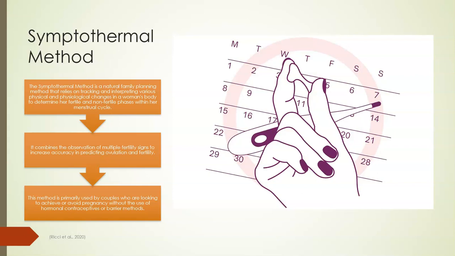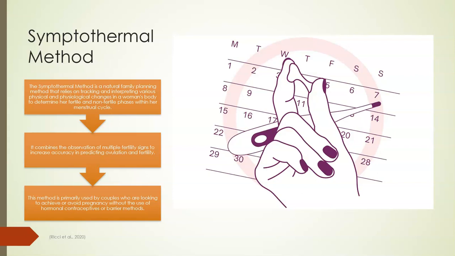Another thing that the woman or the couple can do is calendar charting. Keep a menstrual cycle calendar to track the start and the end of the menstrual period and note other fertility signs. Because remember, I told you that ovulation starts around day 14.